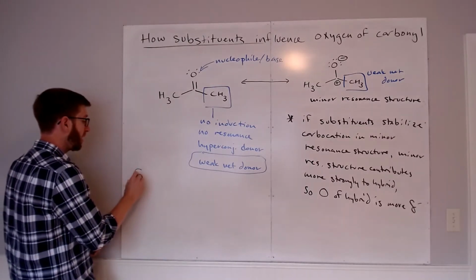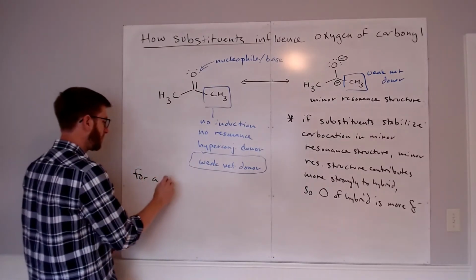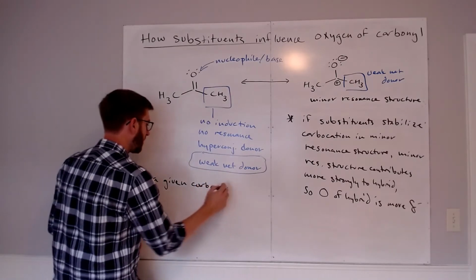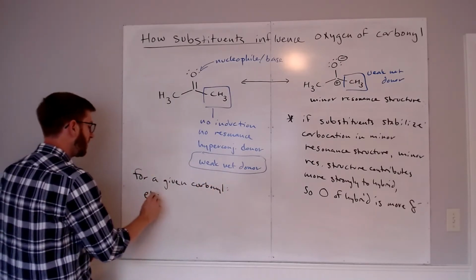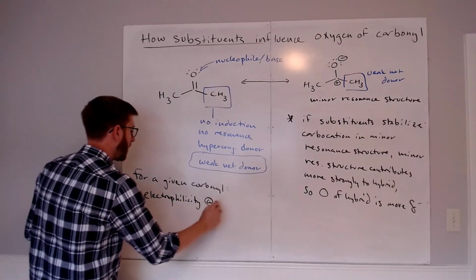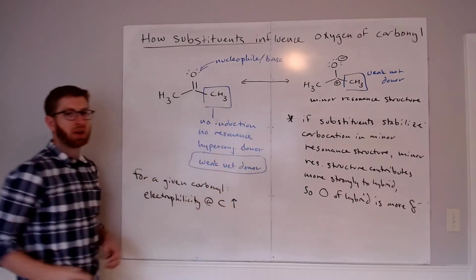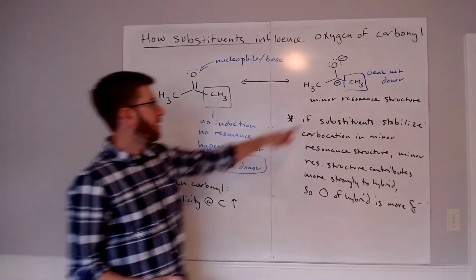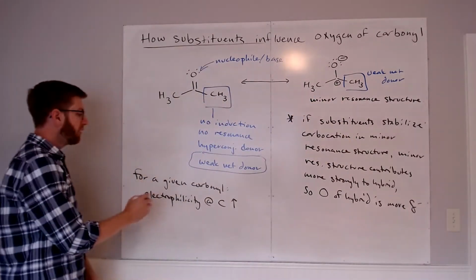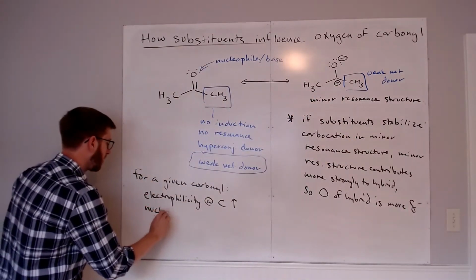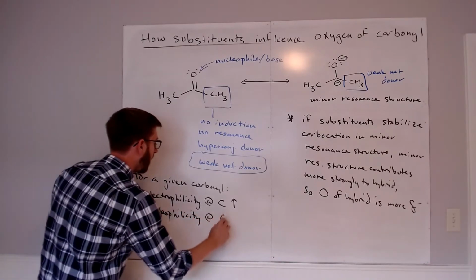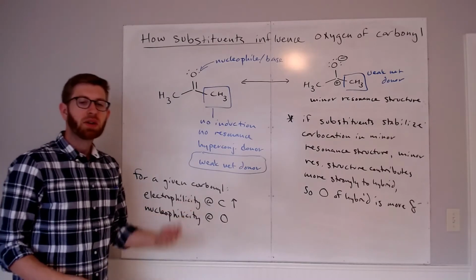So for a given carbonyl, so for a single one, as electrophilicity at carbon goes up, we basically mean to say that this carbon is becoming more positive. The nucleophilicity at oxygen would need to go down.